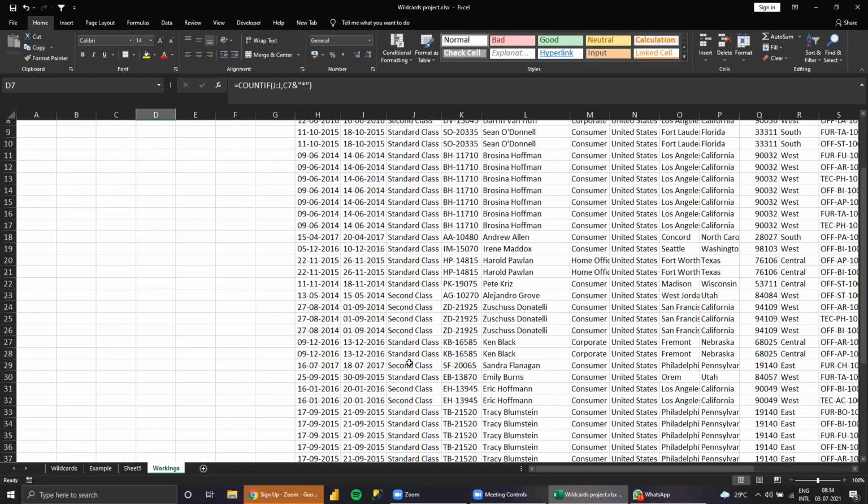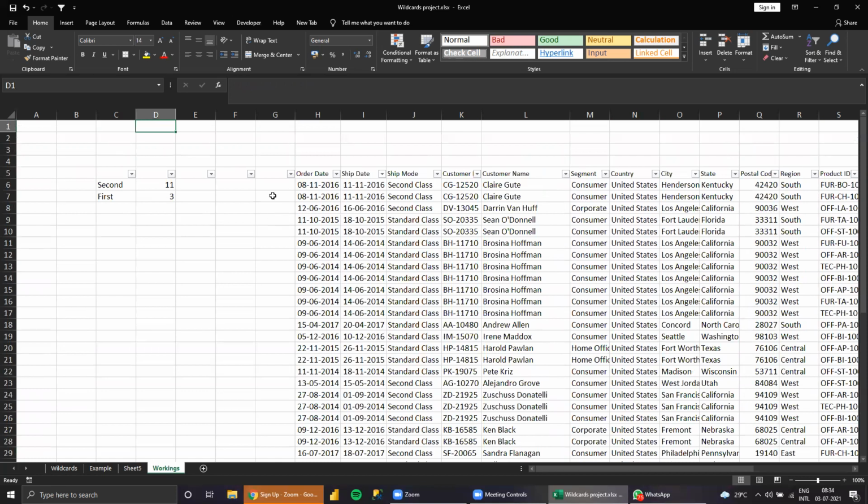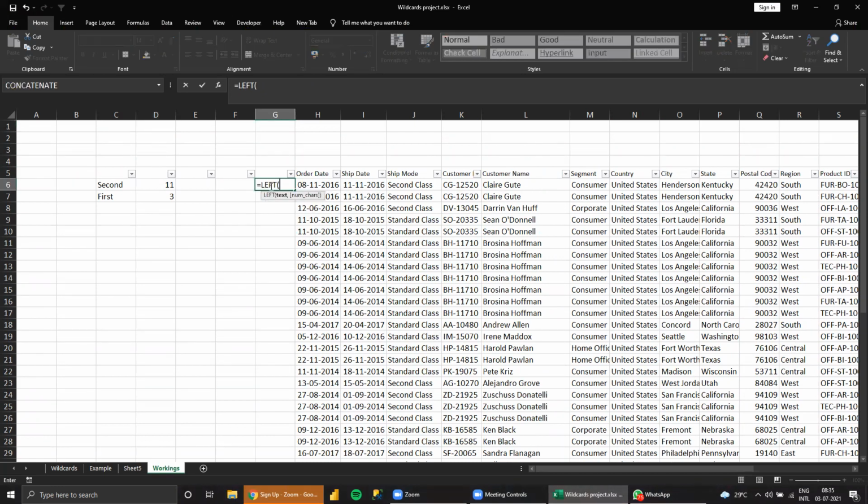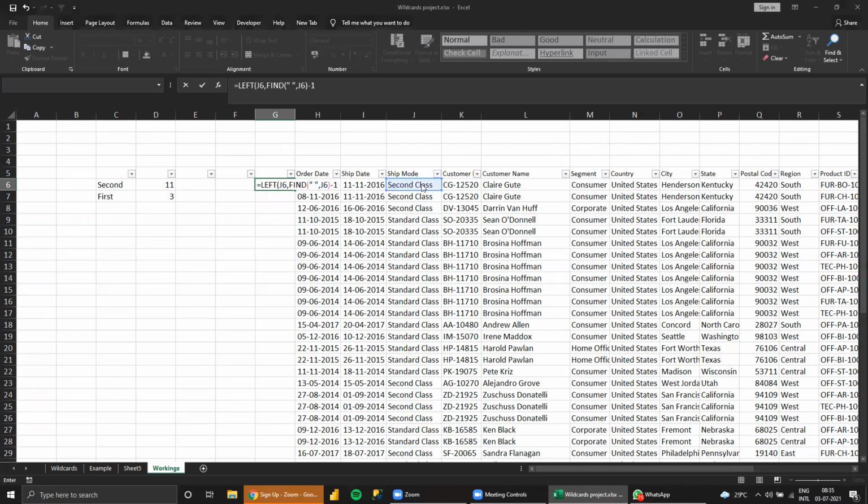So through formula we can get this. Normally what we do, suppose if we don't use the wild cards, what we'll do here, first left like first what you need to extract. Okay, like this we can see -1.